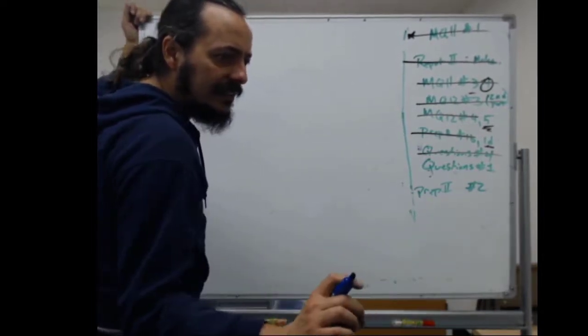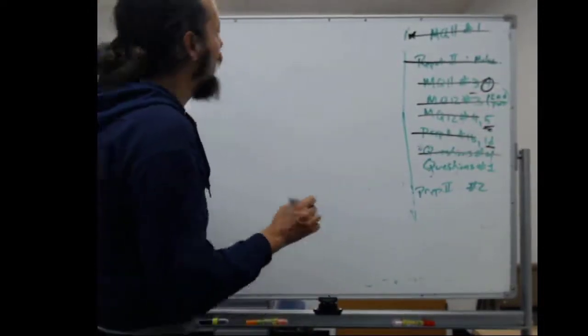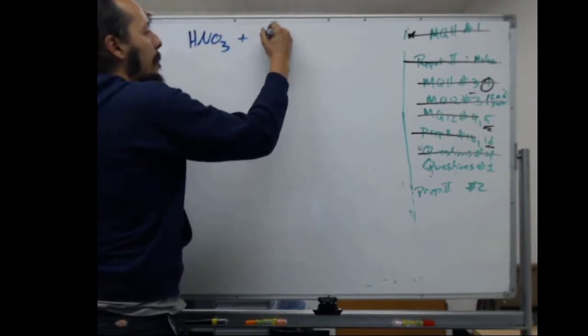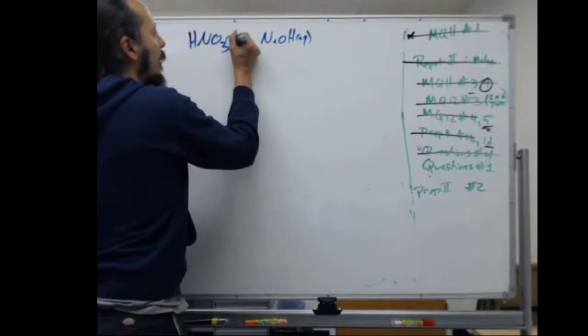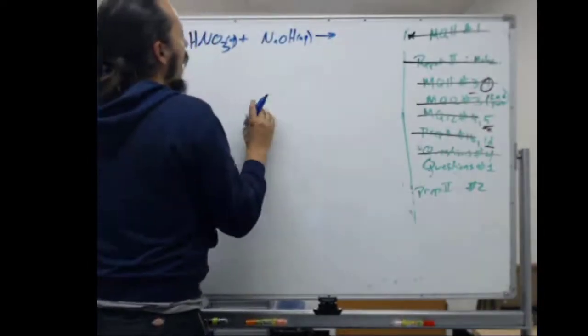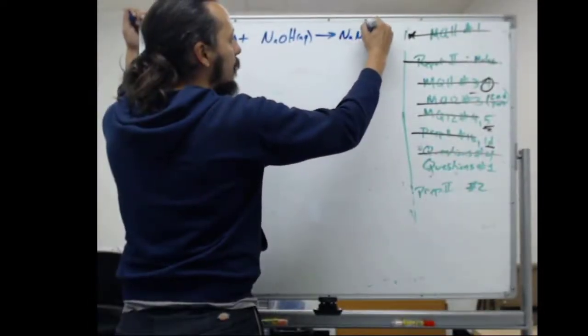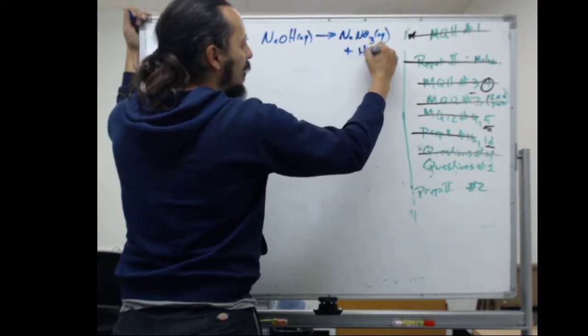So when I start to see a problem like this, first thing I recognize is the chemical equation. I recognize monoprotic, monobasic, so it's going to be a 1-to-1 mole ratio, taking sodium nitrate and water.